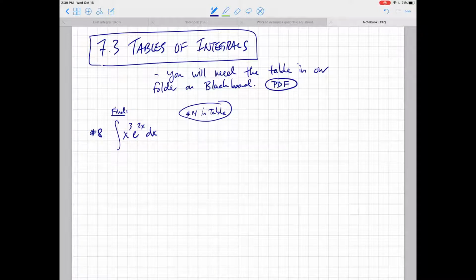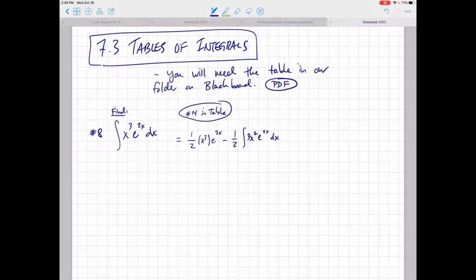It would be 1 over a, so that's 1 over 2, p of x, so that's x cubed, e to the 2x, minus 1 over a, 1/2, integral p prime of x. So what's the derivative of p of x? That's 3x squared, times e to the ax, e to the 2x dx.